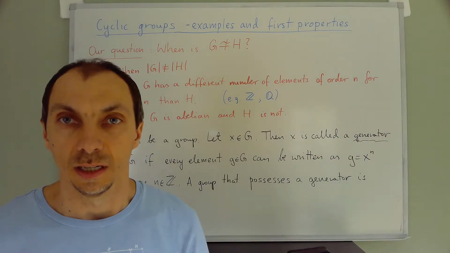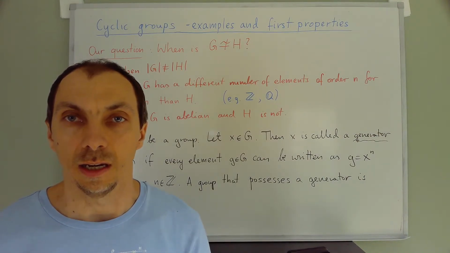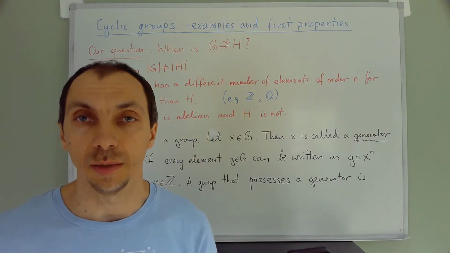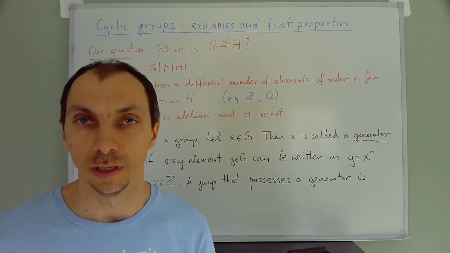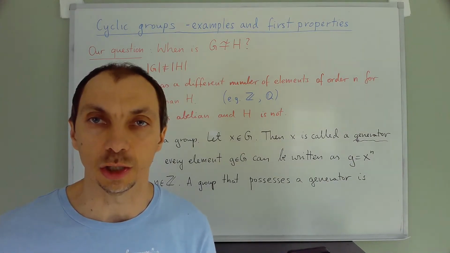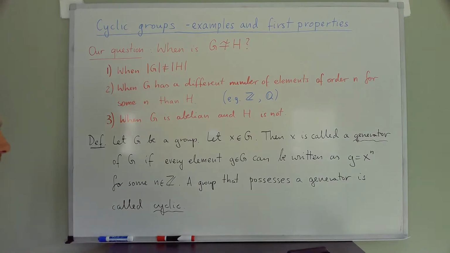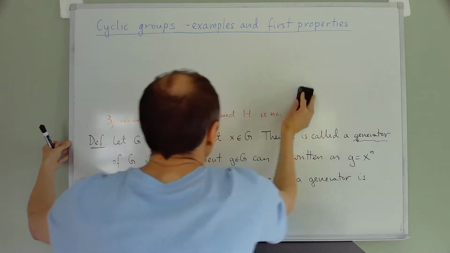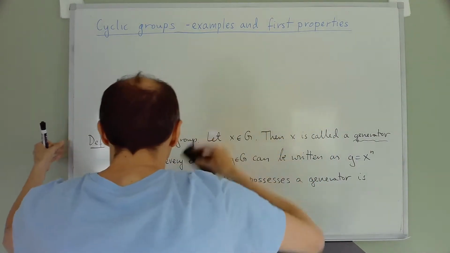And we will see that that's another criterion that can be used to distinguish groups that are not isomorphic. That is, if G is isomorphic to H and G is cyclic, so is H. Okay? But we first have to prove some things about this before we get to such a statement.